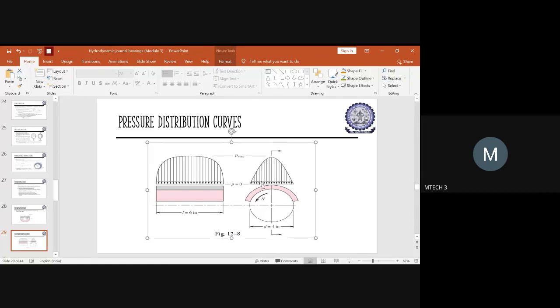But it will be a uniformly distributed pressure across the surface in between the bearing as well as the journal. So this is how the pressure is distributed, and you should know where the value of P is 0 and where the value of P is maximum. This is just to make you understand the pressure distribution curve, for your better understanding.